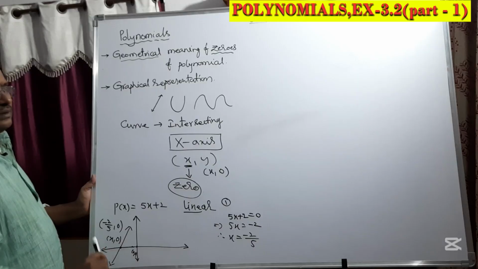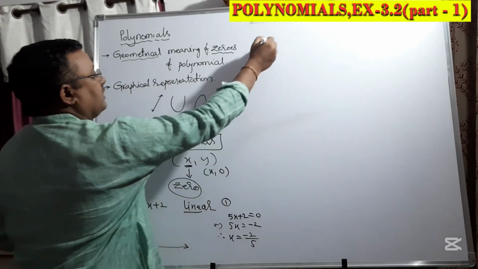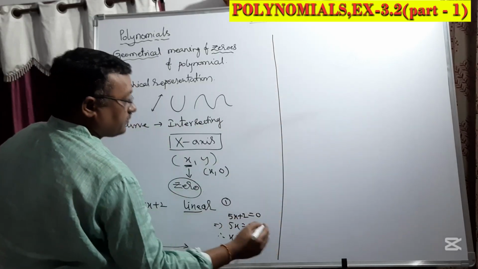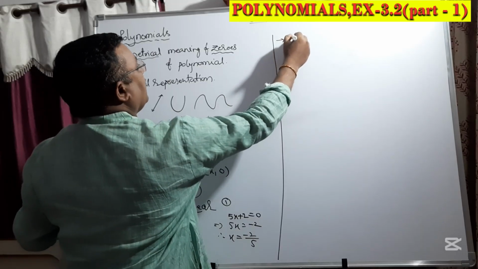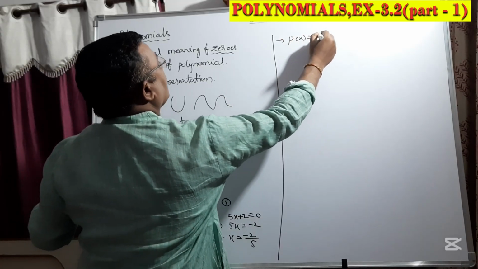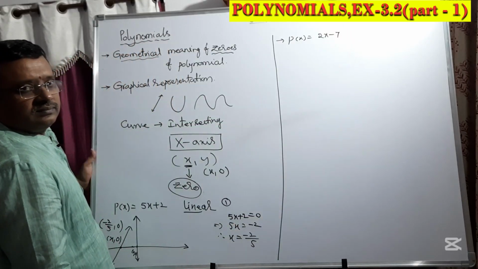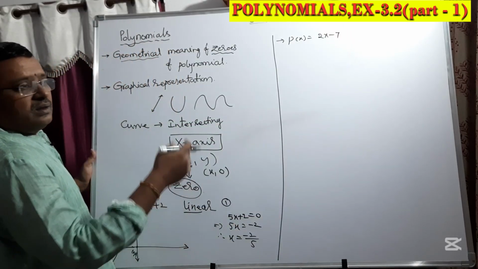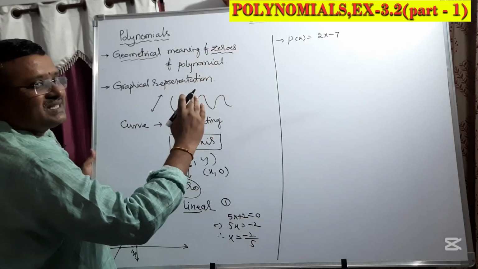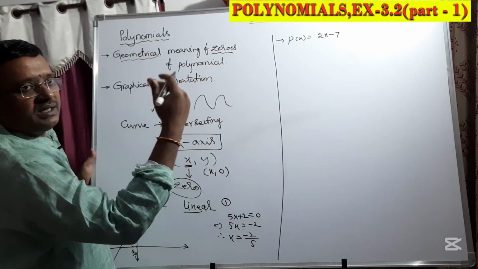That's it. So one more simple example I would like to give you. If p(x) = 2x - 7, it is a linear equation representing a straight line.